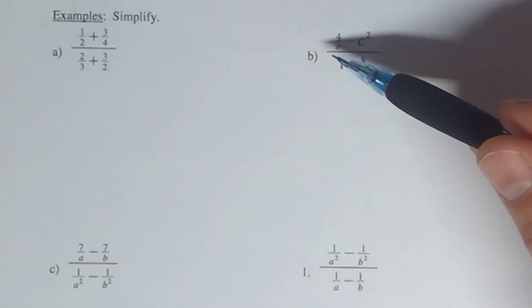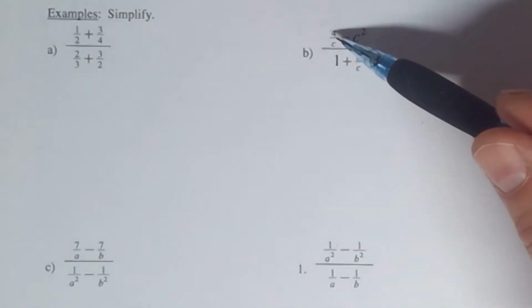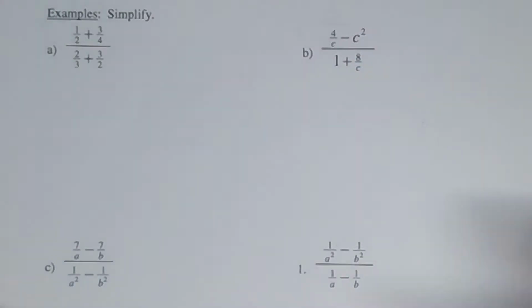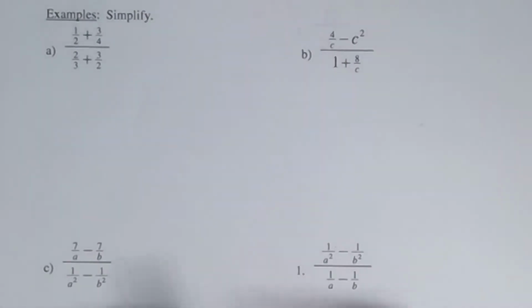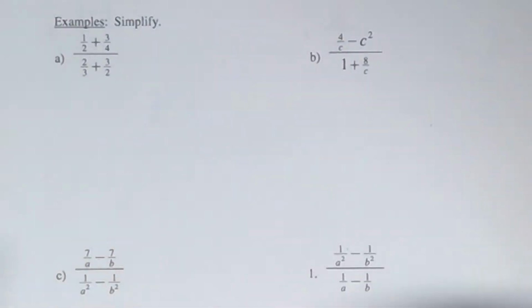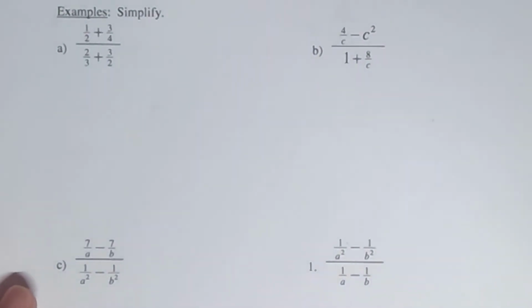Over here you have one big fraction, but there's just two fractions inside of it, one on top and one on the bottom. There's a couple of other terms there that go with it as well, the minus c squared and the 1. Okay, C and D are very similar to problem A, where they have four little fractions within the one big fraction.